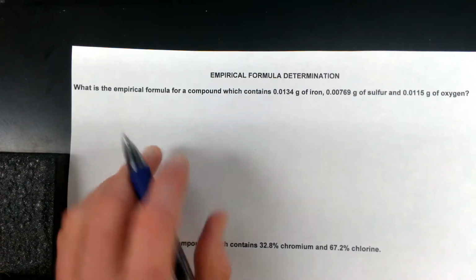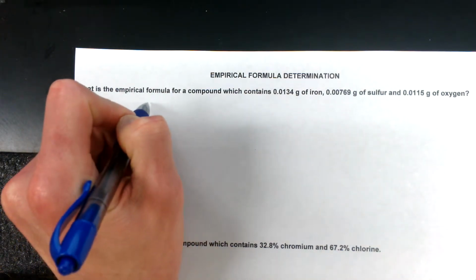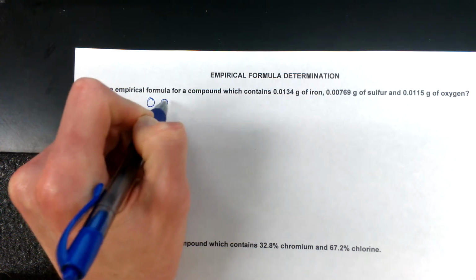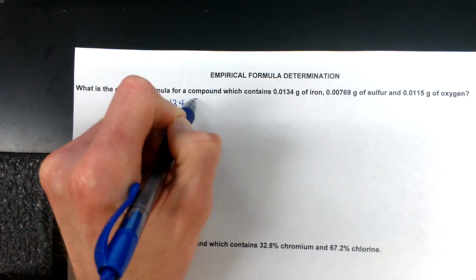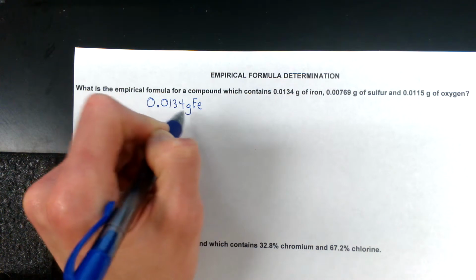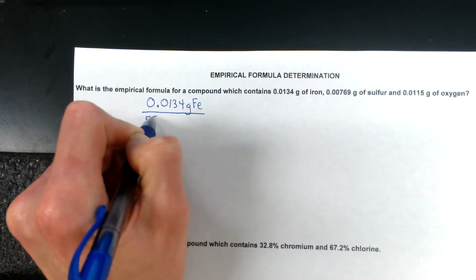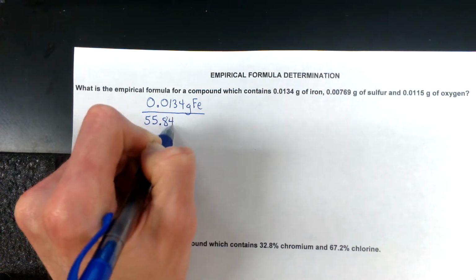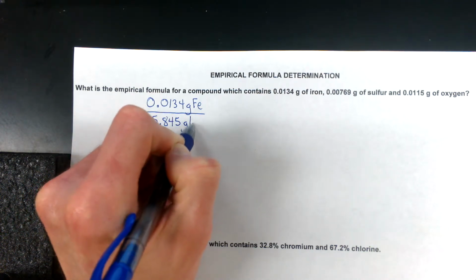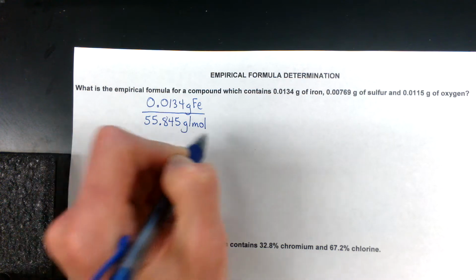So let's first take the mass of each element given, 0.0134 grams of iron. Let's convert these to moles. So we divide each of these by their molar mass. For iron it's 55.845 grams.